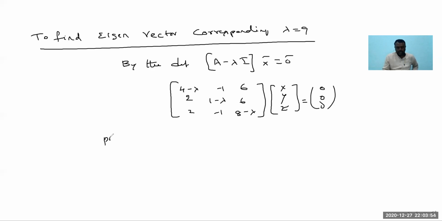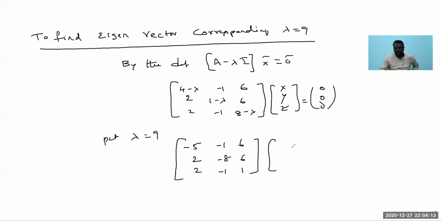So put lambda equal to 9 and substitute. We get [minus 5, minus 1, 6; 2, minus 8, 6; 2, minus 1, minus 1] times [x, y, z] equal to [0, 0, 0].